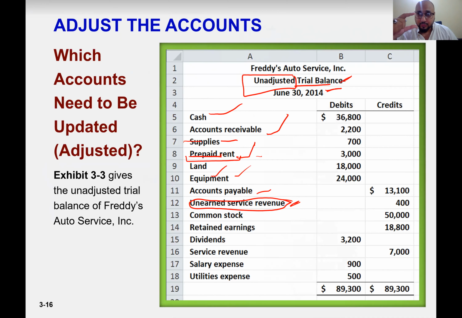So these two belong to the balance sheet. It means something happened and they will be converted into expense and revenue through an adjusting entry. For example, you paid 3 years of rent in advance.